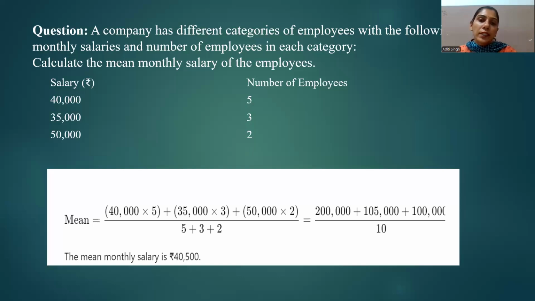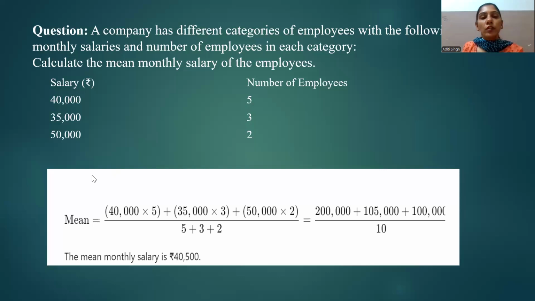So basically, the salary given to us is the salary of one person, and we have to calculate the salary of all the employees. There are a total of 10 employees, and the salary given is for 3 categories, so first of all, we have to calculate the salary for all the 10 employees.